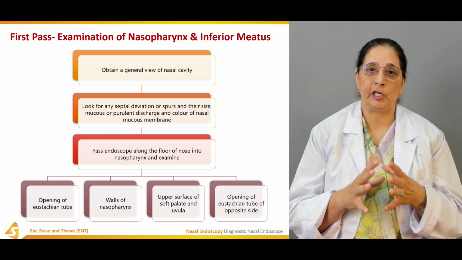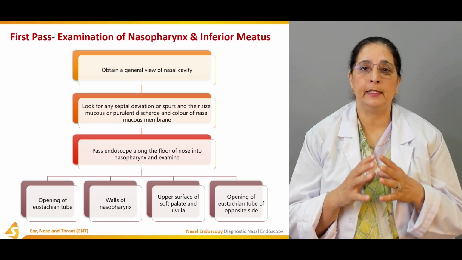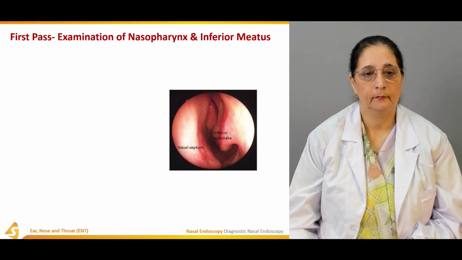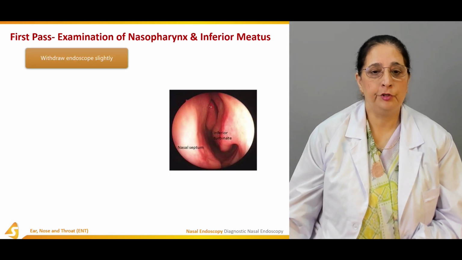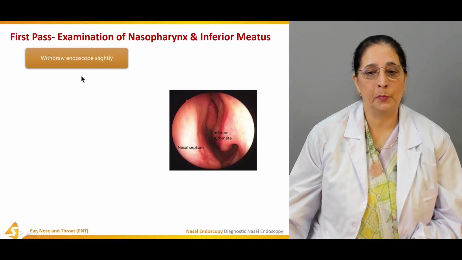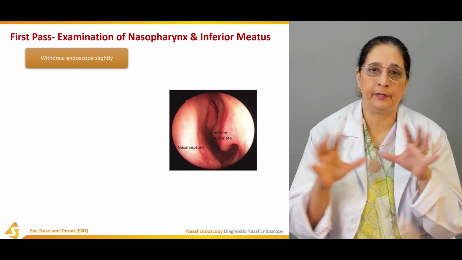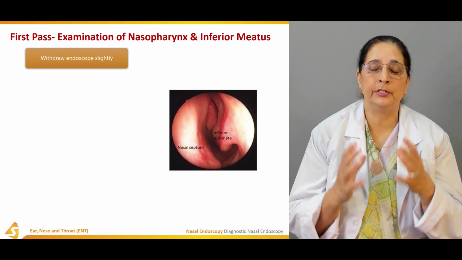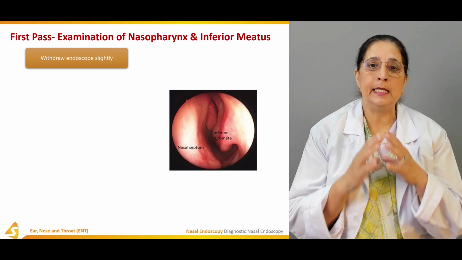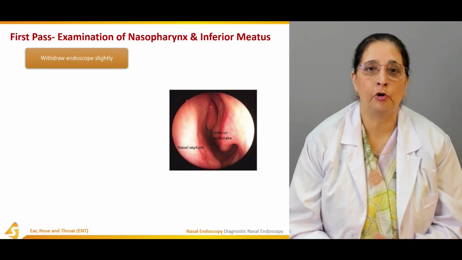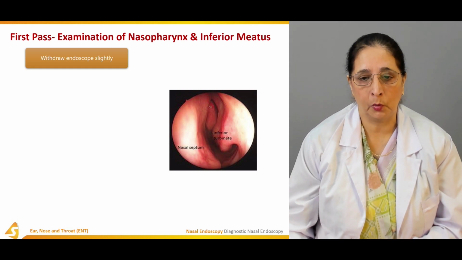So all these structures are observed in the first pass examination. Withdraw endoscope slightly. So after looking at all these structures, after having a general view of the nasal cavity and the nasopharynx, then we withdraw the endoscope.